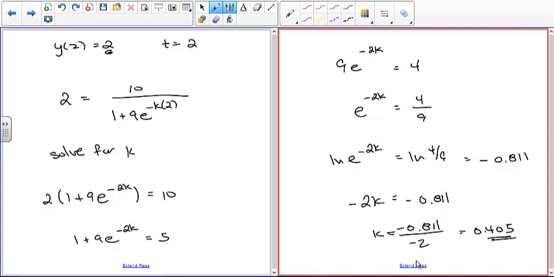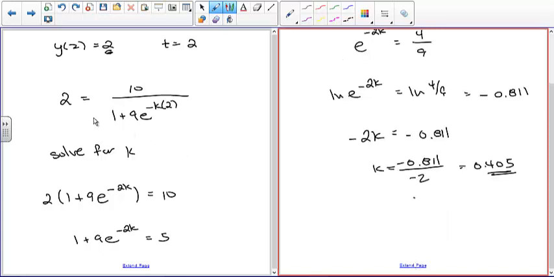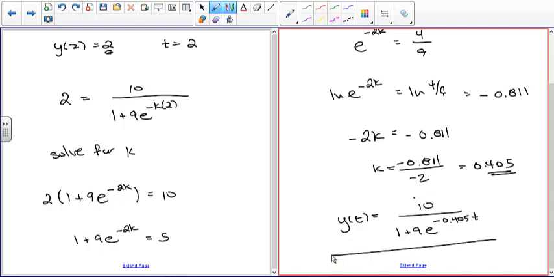So now we can take the equation and plug in what we know. So we know y of t equals 10 divided by 1 plus 9 e to the minus 0.405 t. So that's the logistic growth equation.